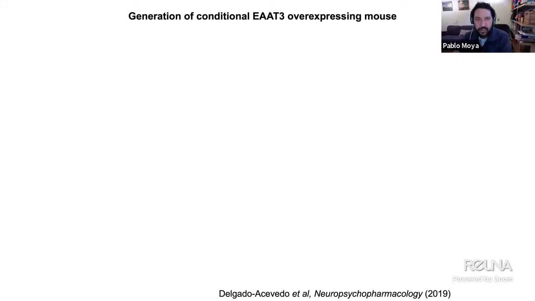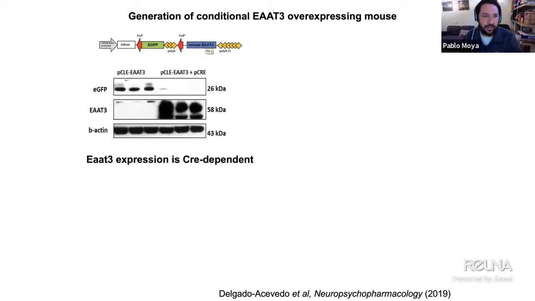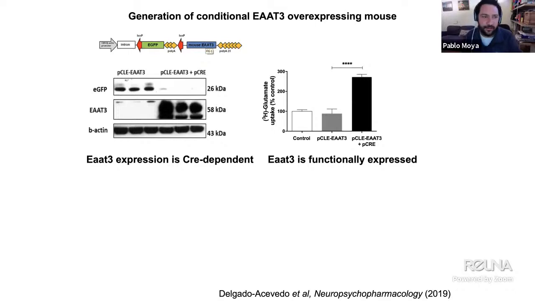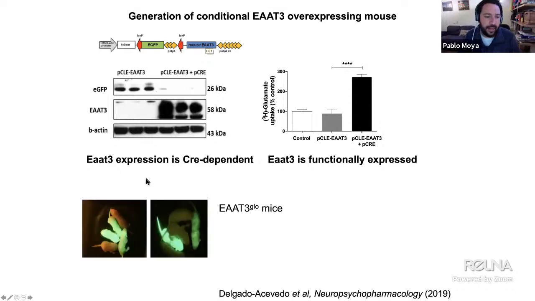And I'm going to show you here data for one of the avenues, the conditional increase of E3 expression and the consequences at the behavioral and functional level. So this mouse was generated by CRE-LOX technology. This is the validation that you need CRE to express E3. The glutamate uptake goes up only in the presence of the CRE recombinase.